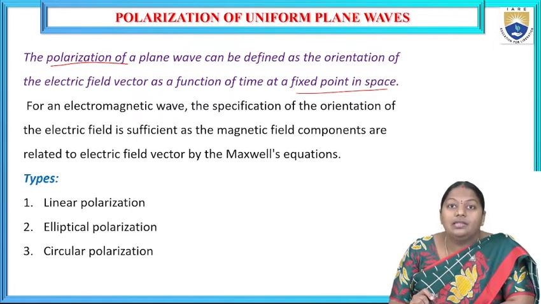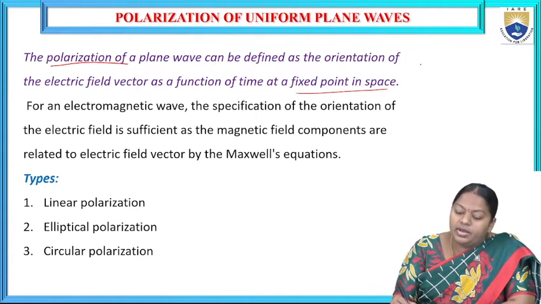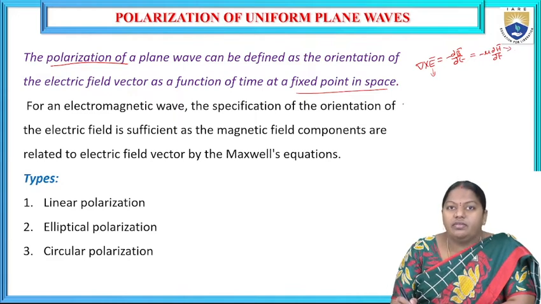As we know, there are two Maxwell's equations in time varying fields which give the relation between the electric field vectors and the magnetic field vectors. According to Faraday's law, del cross E bar equals minus dou B bar by dou t, or minus mu into dou H bar by dou t, where E bar is the electric field intensity vector and H bar is the magnetic field intensity vector.